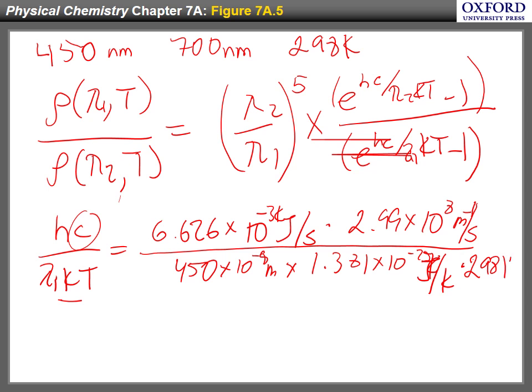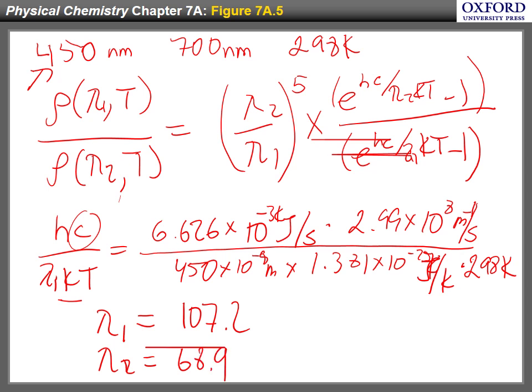So, in short, for the wavelength of lambda 1, which in our case is 450 nanometers, it's 107.2. Lambda 2, which is 700 nanometers, it's 68.9.